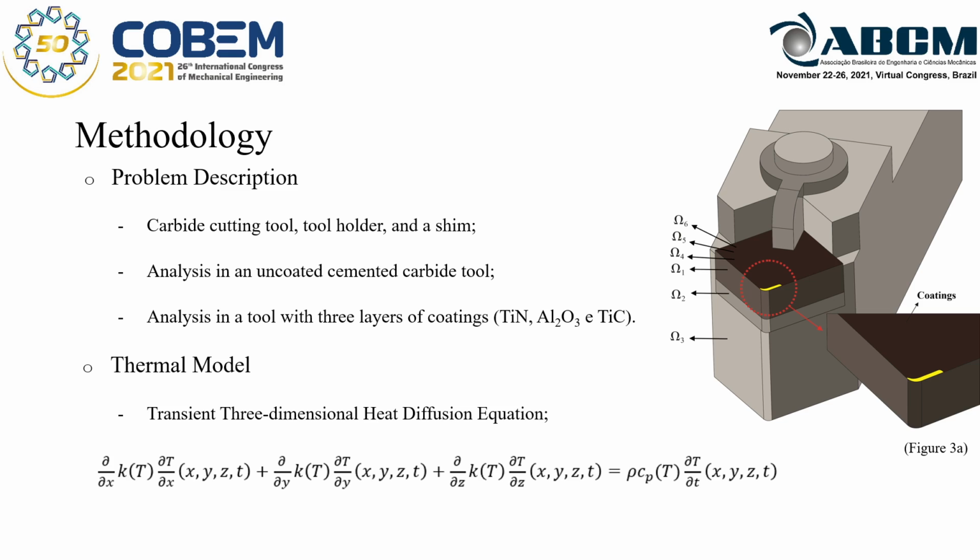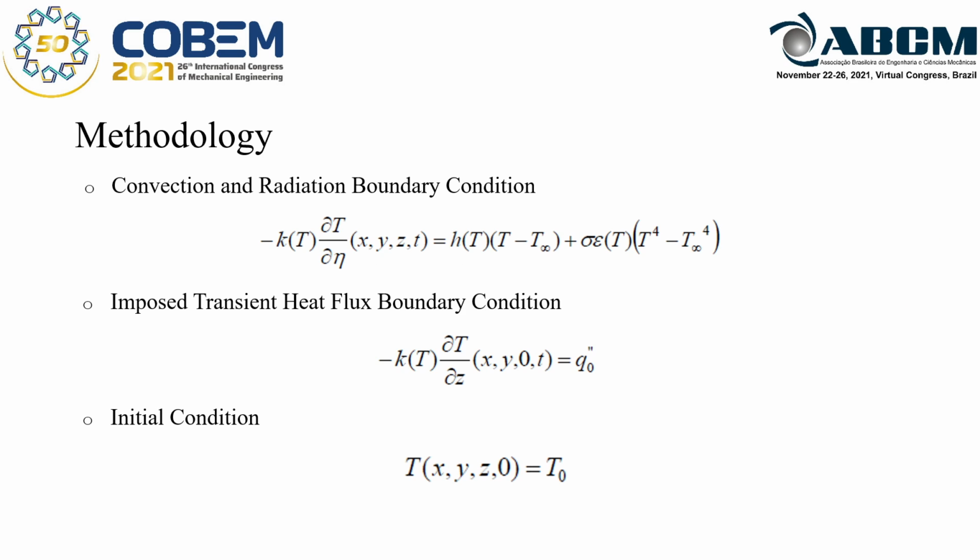The thermal model in use is described by the transient three-dimensional heat diffusion equation, which is presented in this slide and considers properties that vary with the temperature. There are some boundary conditions that have been adopted, considering the properties to be variable with the temperature.